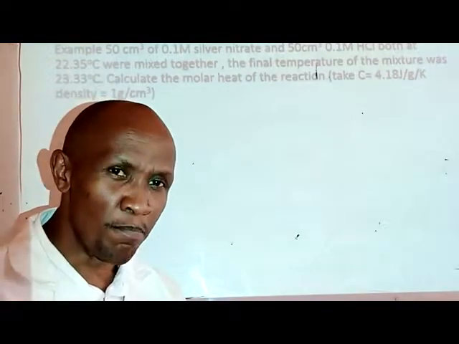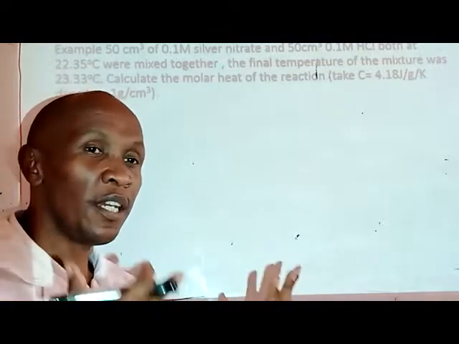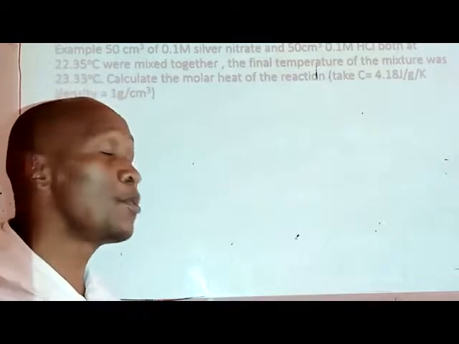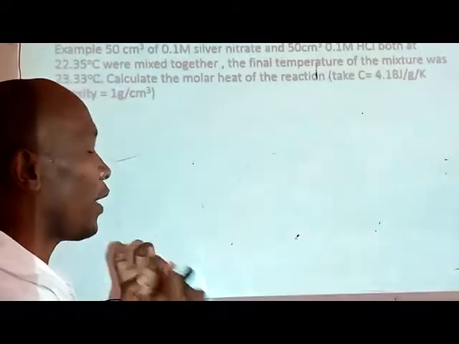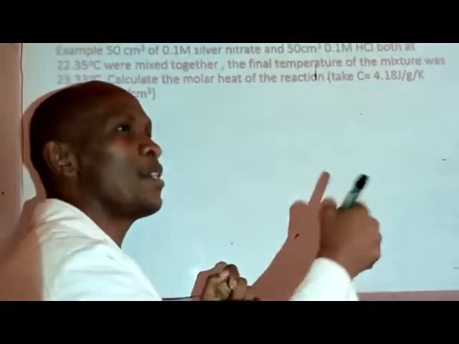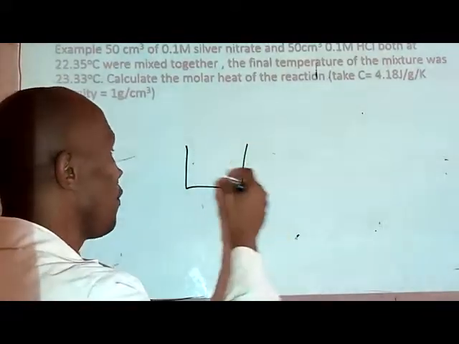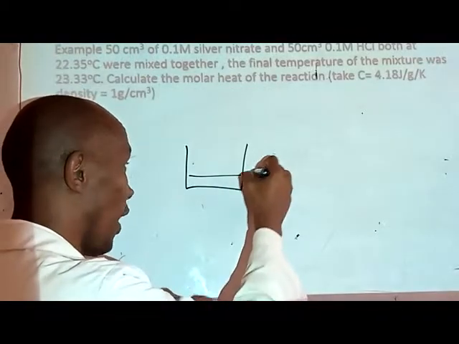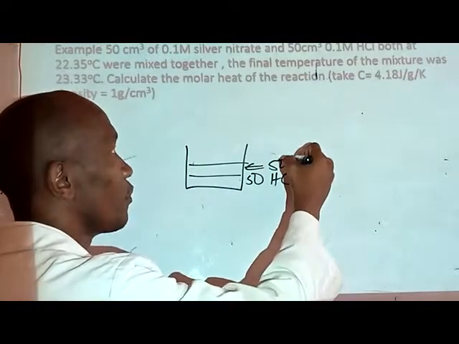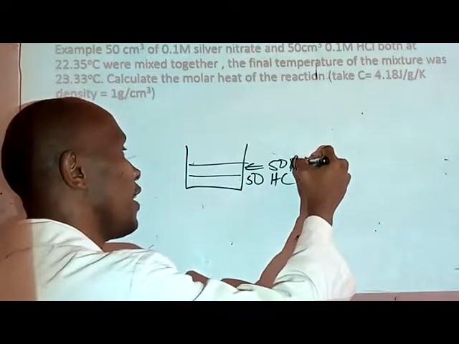So what is the first step? Get the mass of the environment, the mass of water or solution that is absorbing the heat. When the thermometer is measuring the temperature, it is measuring what? I took 50 cubic centimeters of HCl and another 50 cubic centimeters of silver nitrate.